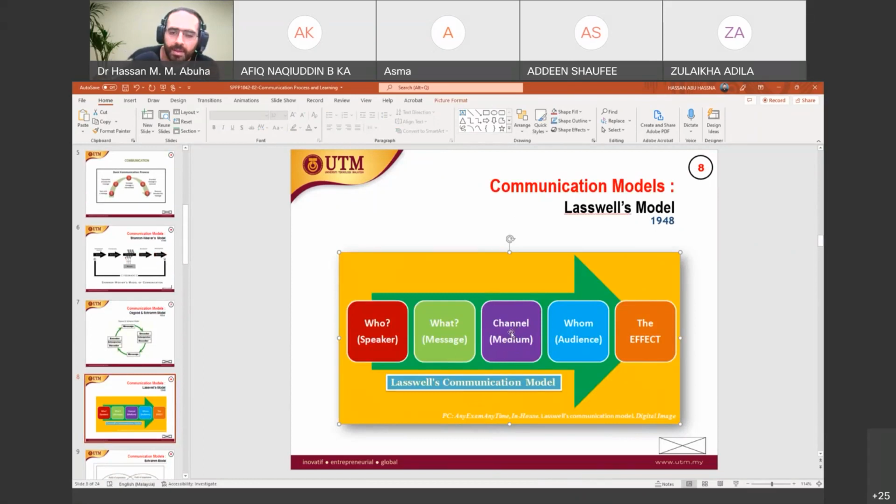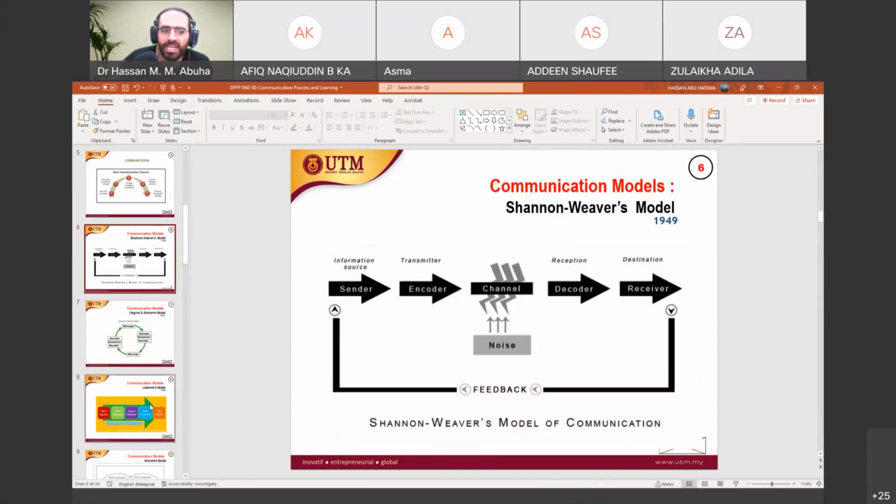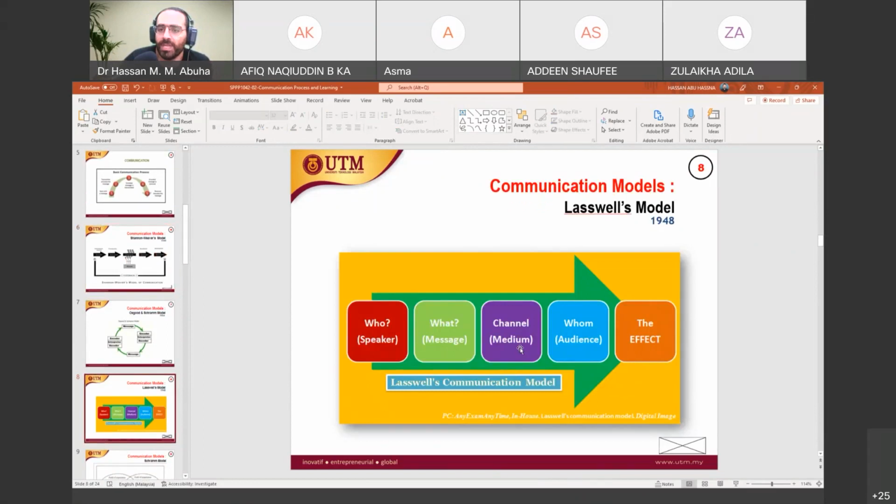Okay. So channel, as I mentioned here, is the medium of communication. Medium of communication is what media or what tool I use to make this communication happen. For example, in my case now, when we are using WebEx, the medium of communication is online meeting, using WebEx, my laptop, and my PowerPoint slides.